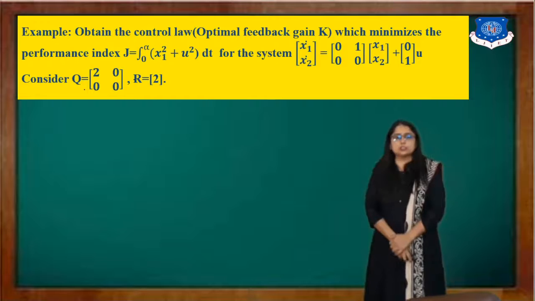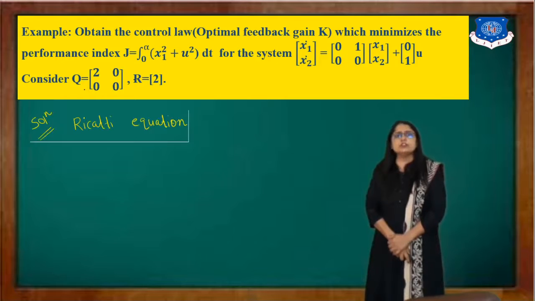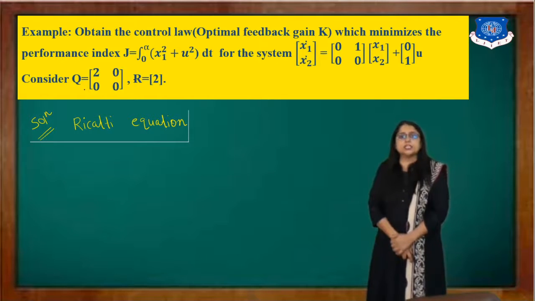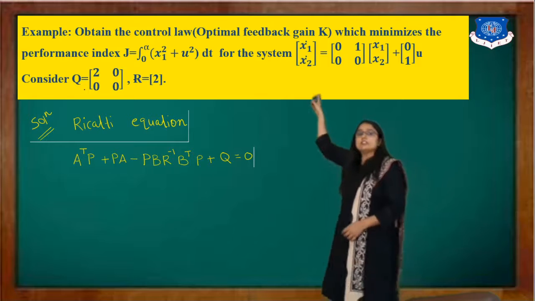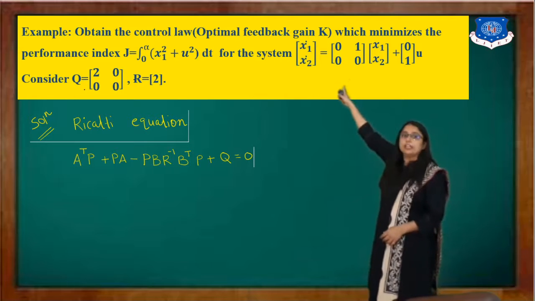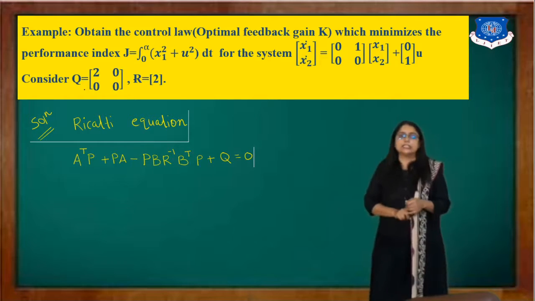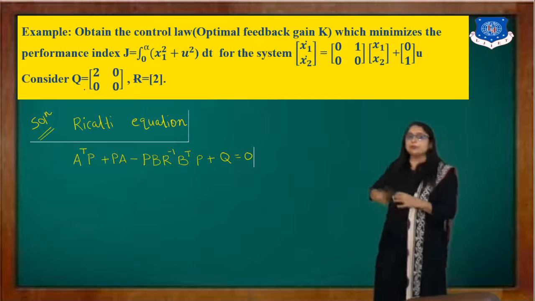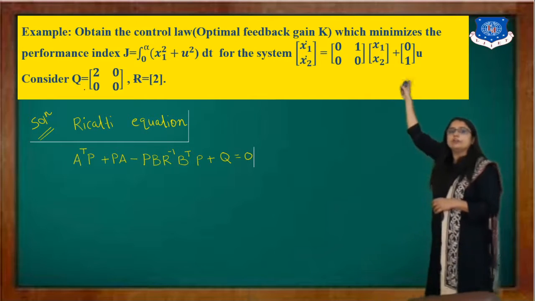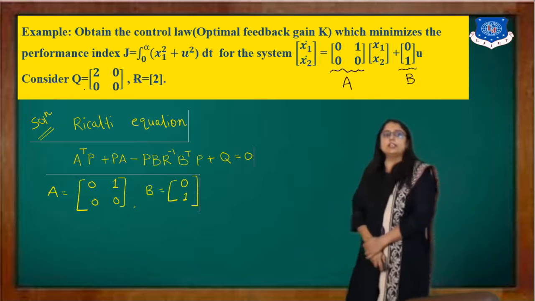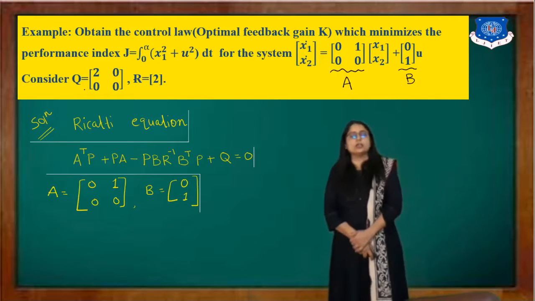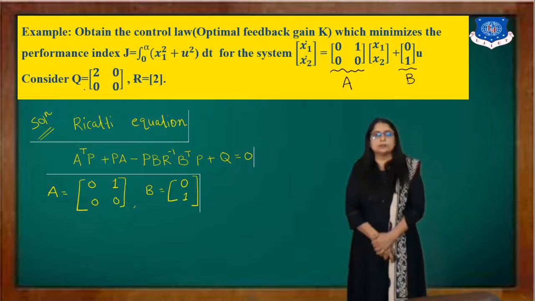Now how can we solve this? First of all, we will write the Riccati equation. From the equation x dot equals Ax plus Bu, we can easily say this is the value of A and this is the value of B. So A equals 0, 1, 0, 0 and B equals 0, 1.